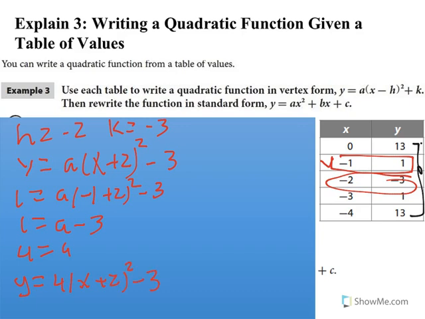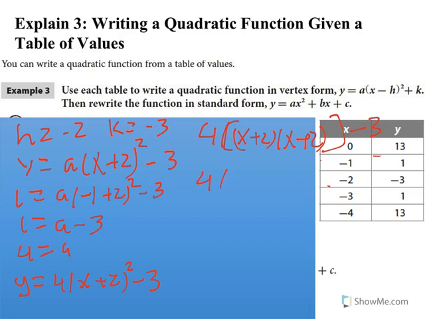So then from here we refer back to our day 1 to transform our vertex form to standard form. So we have 4 times x plus 2 times x plus 2, and then minus 3. Let me erase this part out so I have more room.